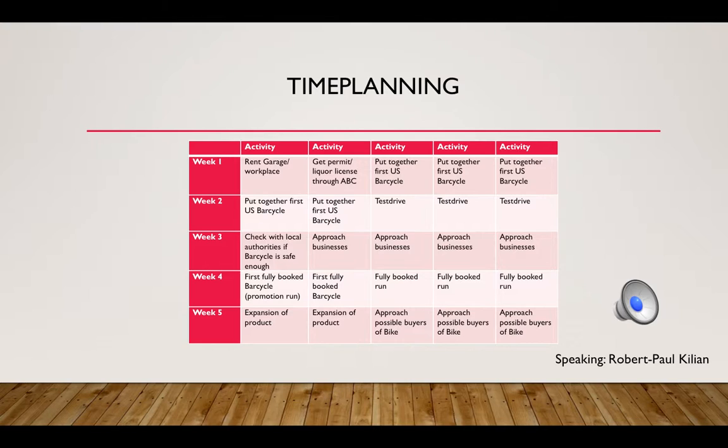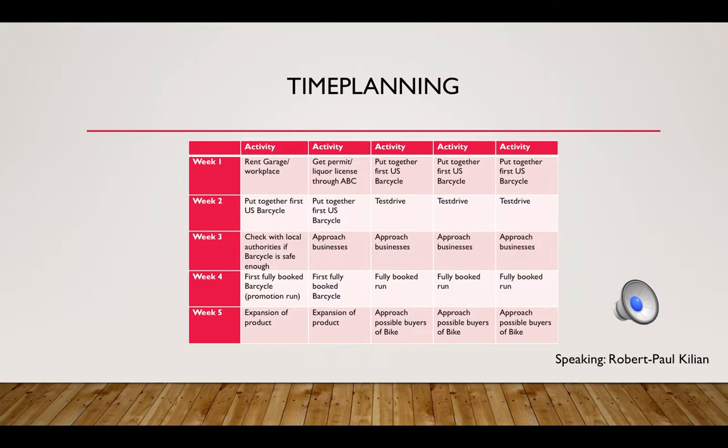This will create, of course, a lot of attention and also the chance to create our first revenue in week 4, where we start our first fully booked, hopefully, bar cycle promotion run. This will at the same time create a great marketing tool, so the product will do the mouth-to-mouth advertisement for itself, and hopefully this will result in a fully booked bar cycle run the next day.